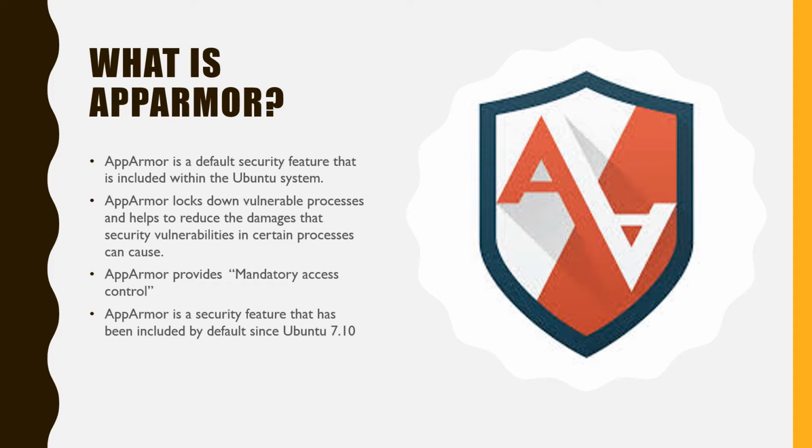Ultimately, mandatory access control helps to restrict processes in a more broad-spectrum manner, and AppArmor falls into that category. AppArmor is also an updated security feature with the new Ubuntu. It's been a default in the system since the 7.10 Ubuntu update.